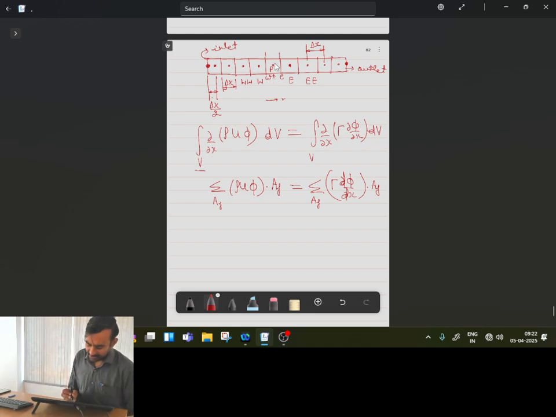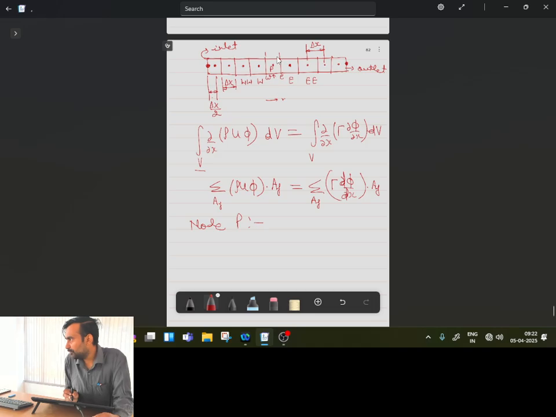Now if I calculate this summation term for node P, what will I be getting? How many control boundaries does this P have? Though P physically has four boundaries, there is no variation of property in the top and bottom. So the variation of property is only taking place in the left to right edges. One is in the east and the other one is in the west.